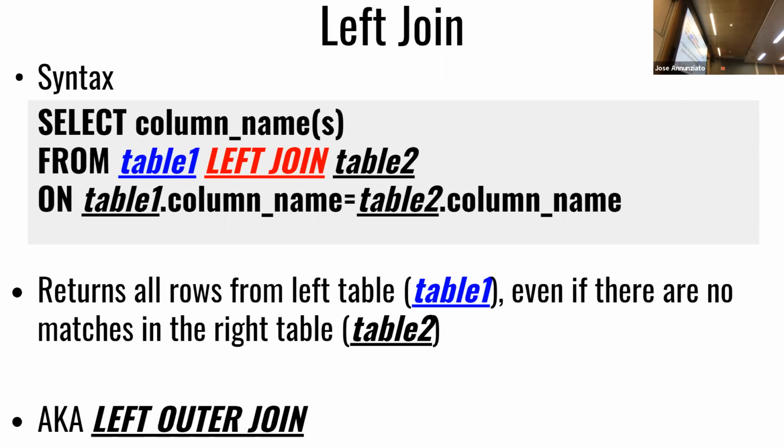Meaning, give me the ones that match from both tables, but in addition, give me the ones from the table on the left of the join, so table 1. If there are records on table 1 that don't match, I want them too.